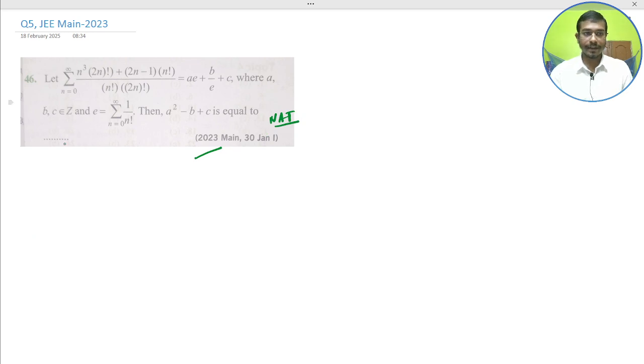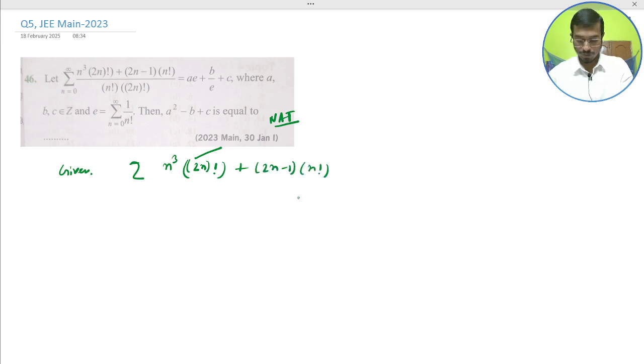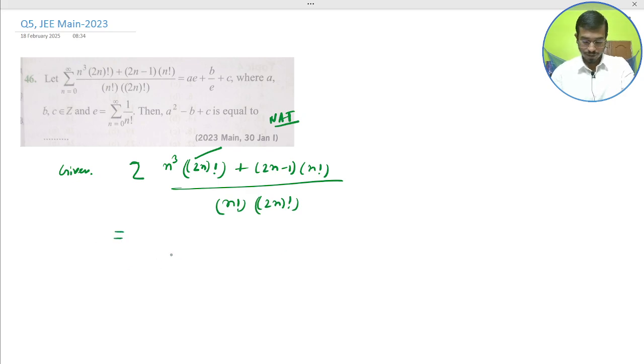So the given data is the summation n from 0 to infinity of (n cube into 2n factorial plus twice (n minus 1) n factorial) divided by (n factorial into 2n factorial). So just split the sum.